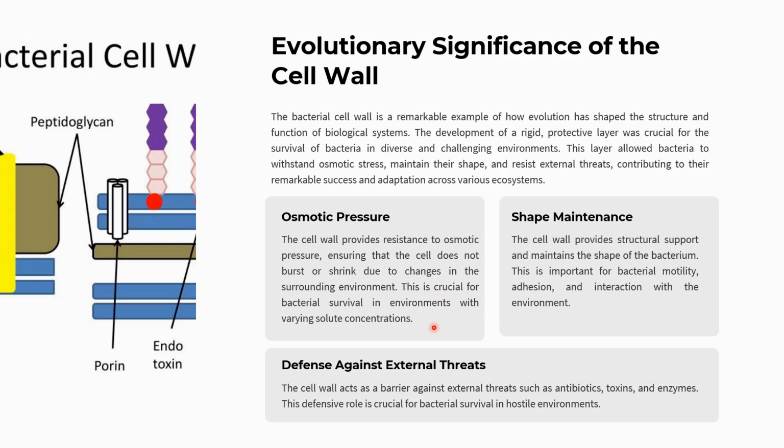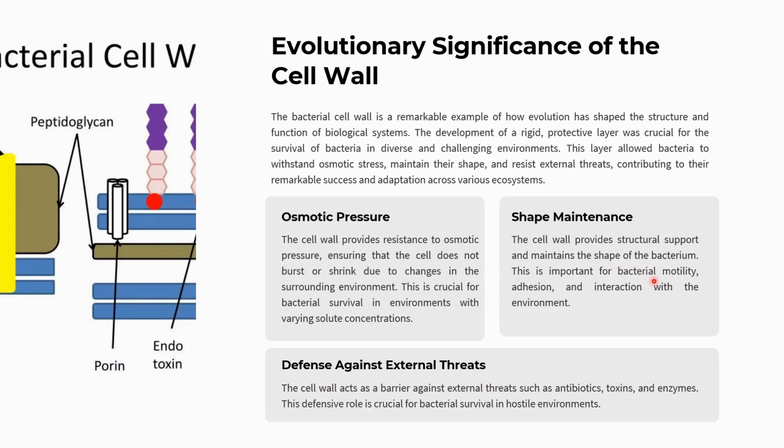The cross-linked peptidoglycan strands provide strength and flexibility, enabling the cell wall to maintain its integrity under varying osmotic conditions. So this is the evolutionary significance of osmotic pressure in the cell wall.